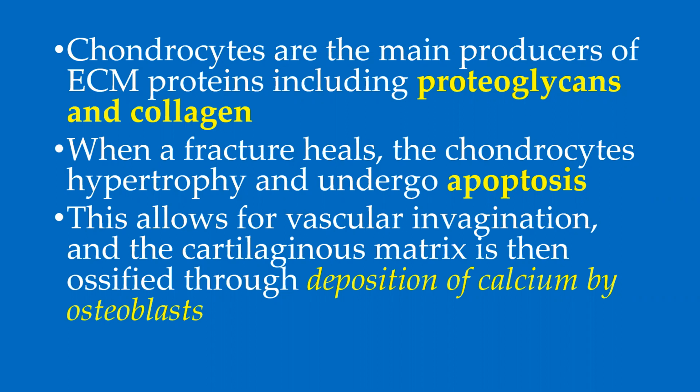They bend. They are not stable. So when the chondrocytes are formed together with the proteoglycans and collagen, this is a sort of a more elastic bone. When a fracture heals, the chondrocytes hypertrophy. You all know, with maturity, the chondrocytes hypertrophy and they undergo apoptosis. What do we mean by apoptosis? They are destroyed.